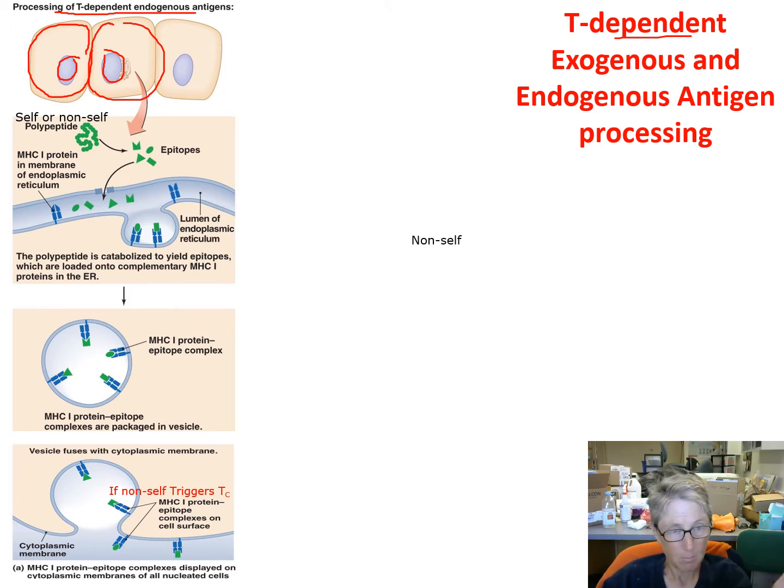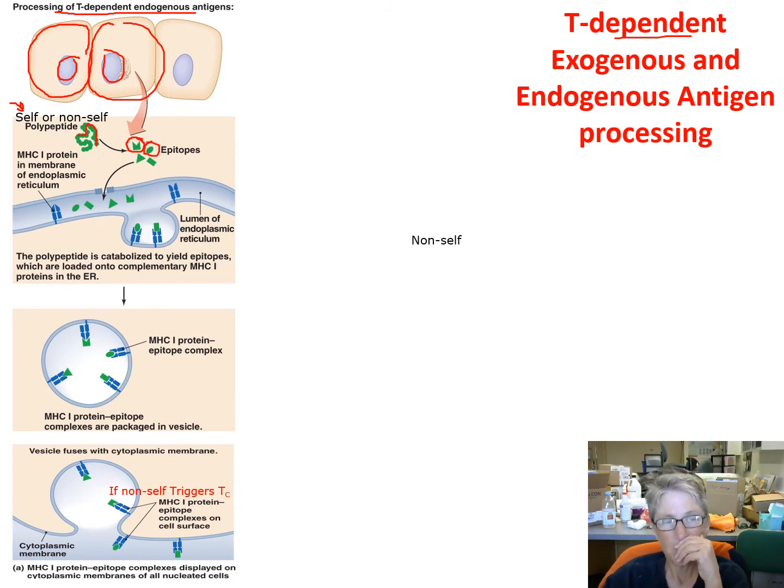In that process, if you are a bacteria, you get chopped up, and if you had a protein on you, that protein would get chopped up as well. So that's why I say these green balls here could be a self polypeptide or a non-self polypeptide. And then that polypeptide would have self or non-self epitopes.